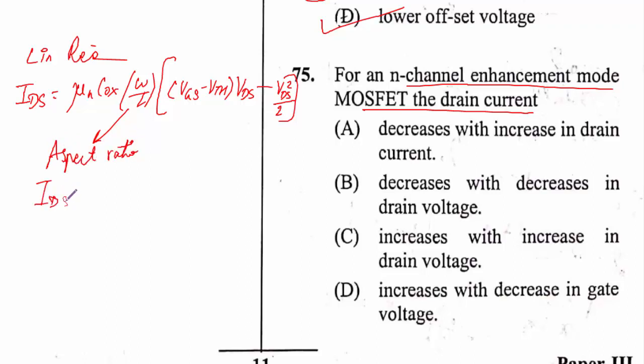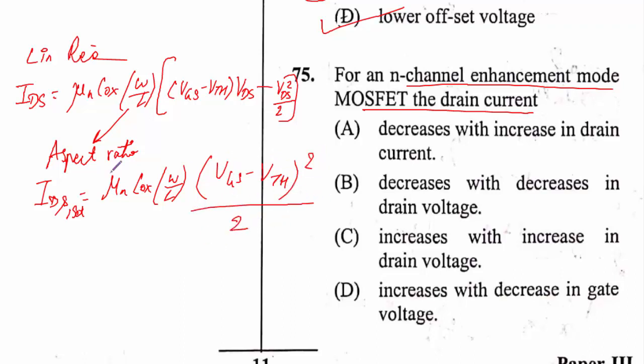In the case of saturation region, IDS saturation is given by mu n Cox W by L into (VGS minus VTH) whole square, whole divided by 2. In the saturation region, we are going to take VGS minus VTH as VDS. So if you are substituting over here, you will be getting this expression.